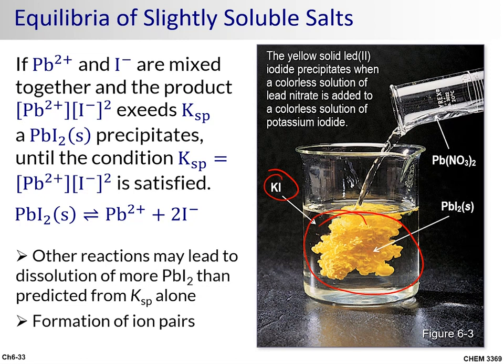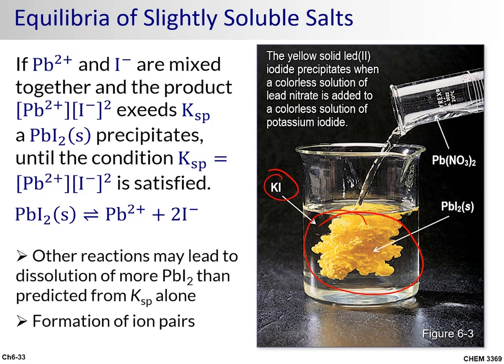Then it will start forming the precipitate until the product of the concentrations is equal to the KSP, and the equilibrium is reached. Okay, so these two things: the solubility of the possible solid that can be formed when you mix the solutions, and the concentrations of the ions.